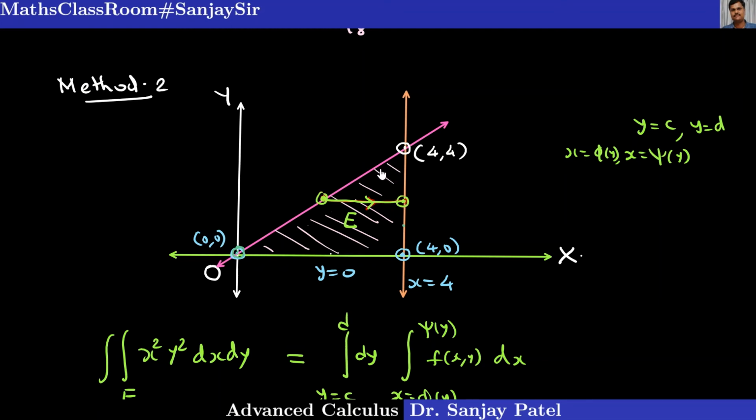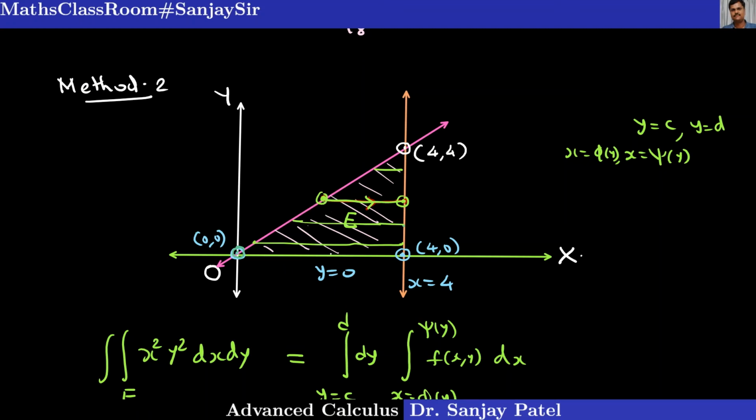Means whether the strip is over here or here or here, the left hand and the right hand end points of this strip are on the same curve. So here it is fine. So this is a nice, regular region, I will call it.